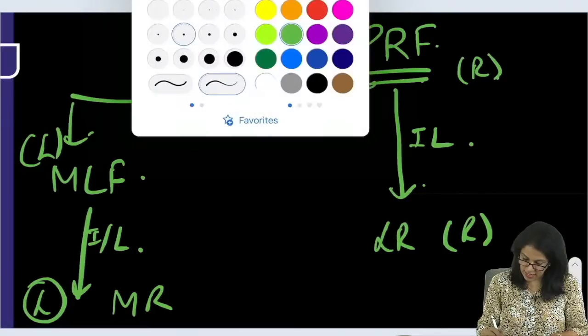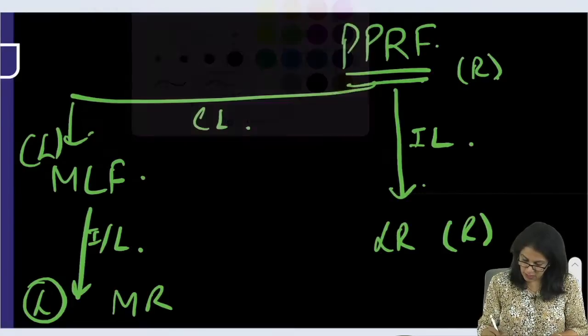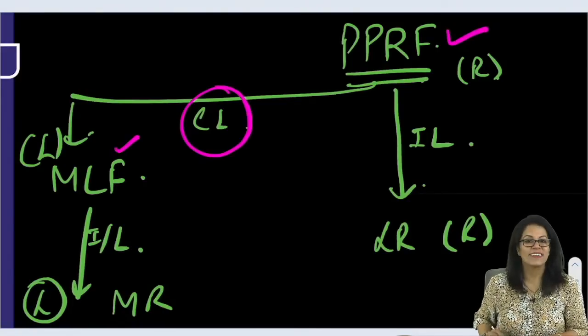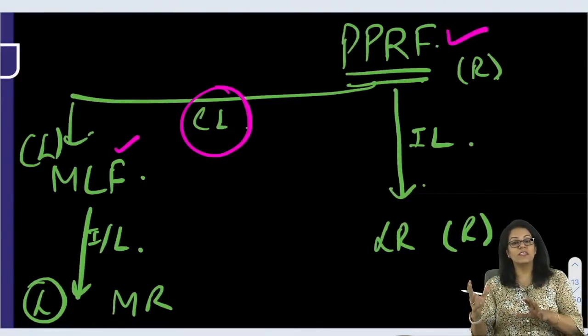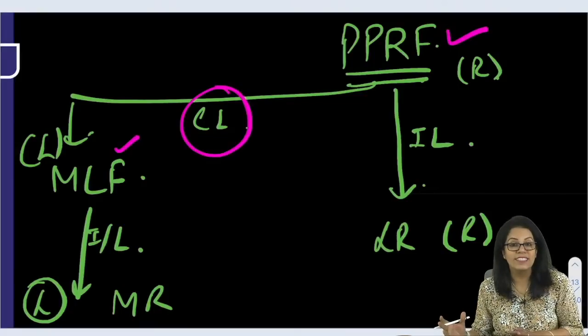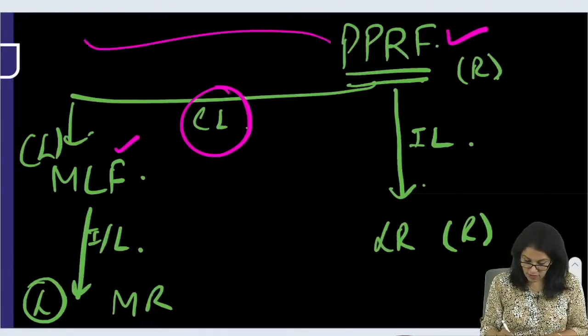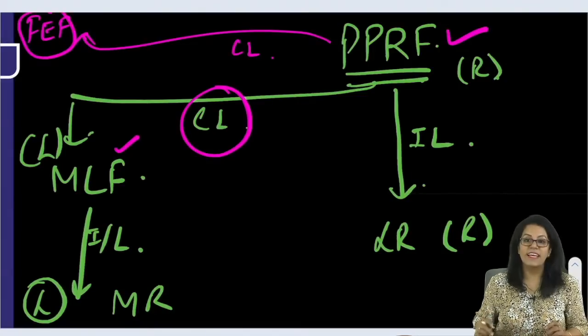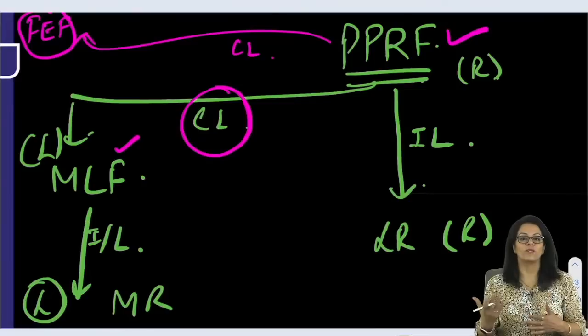What is contralateral? So many types I have explained to you. Contralateral is only one sided PPRF, other side MLF. So, if PPRF is gone, you are going to get horizontal gaze palsy on that side, and if frontal eye field is gone, it manages the opposite PPRF, isn't it? Therefore, what you will get here? Contralateral horizontal gaze palsy.